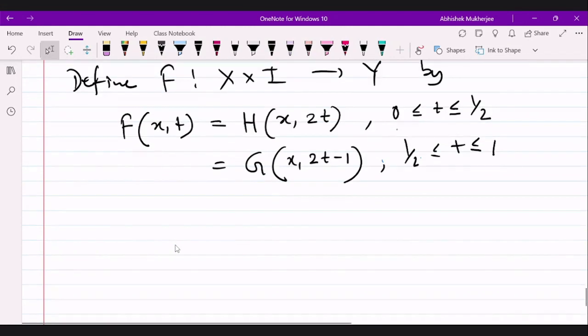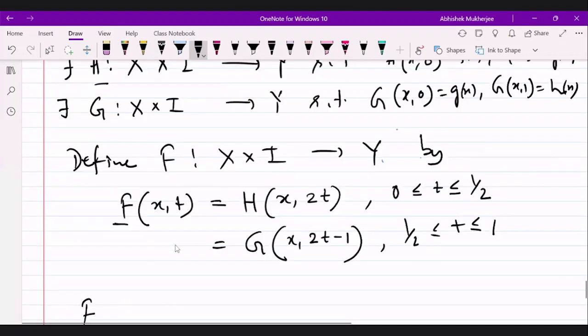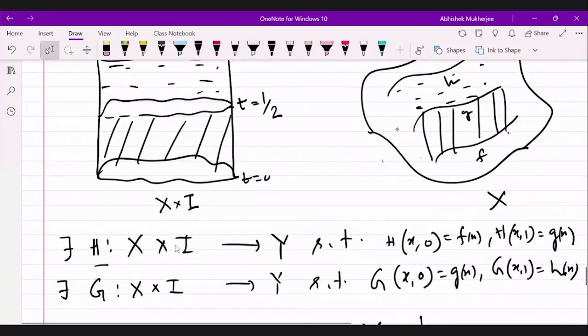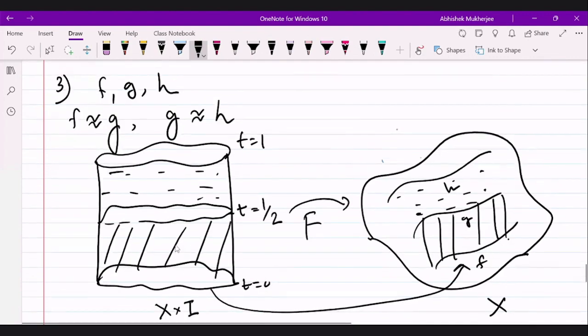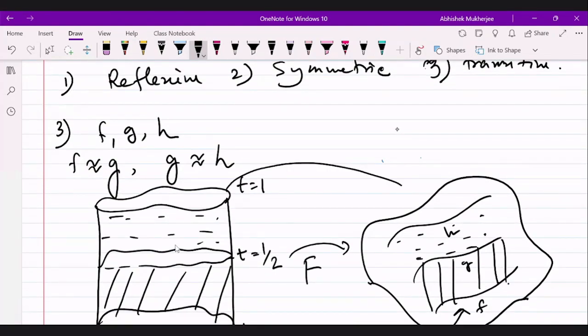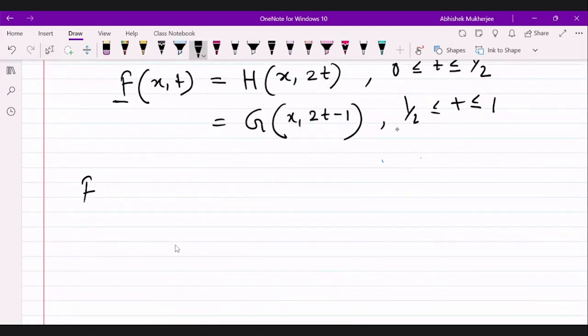If you look at this F from the diagram, it is clear that the 0th level will be mapped to F and the 1th level will be mapped to H. If we execute some computations here, F of x, 0 will be H of x, 0, so that means it is F of x.